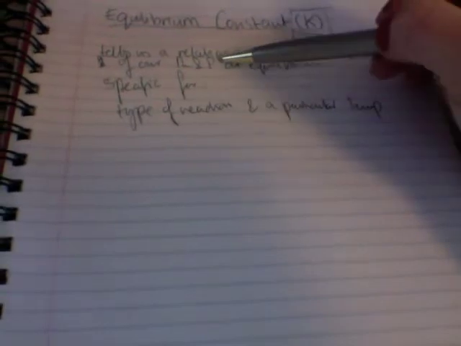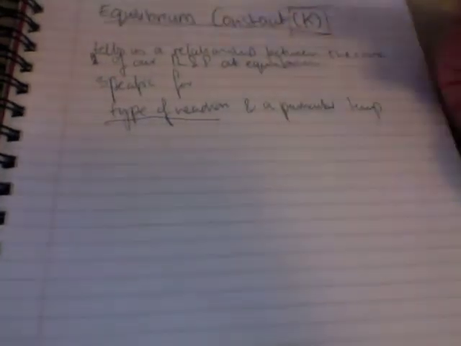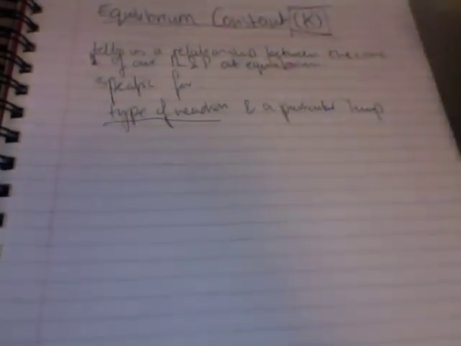So the relation between the concentrations of reactants and products is going to be specific for the type of reaction, obviously, whether it's 1, whether it's 10 to the power of 4, whether it's 10 to the power of -4. At equilibrium, the concentrations of our reactants and products will be equal to K for a particular temperature.